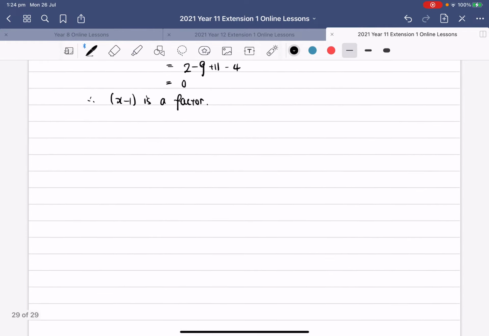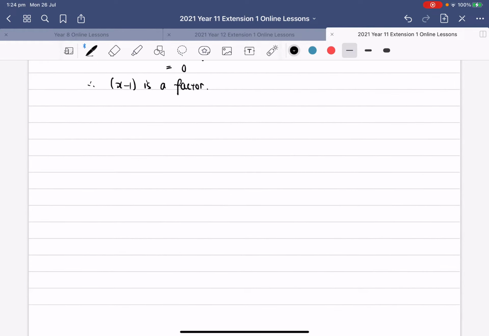There's one important concept that you need to know. I'm going to write down the steps for factorizing polynomials. We are going to use a trial and error method to find an integer zero.